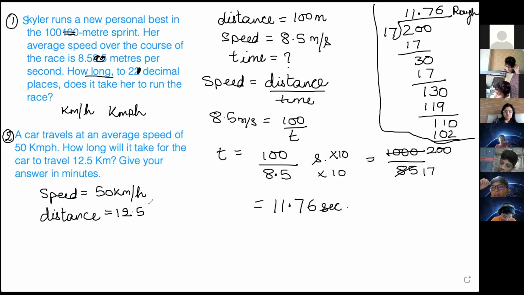Ma'am, I'm giving the answer. I'm not doing it, I'm just writing what things are given. I will not do this question because it is the same question. Only, you have to give me the time in minutes. Then you will write the formula, speed is equal to distance upon time, and now give me the answer.